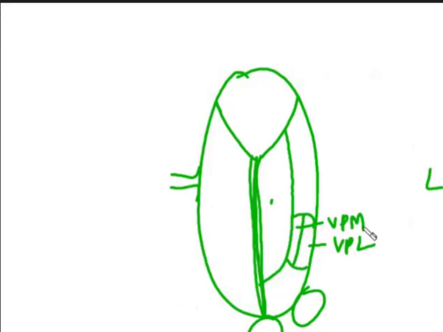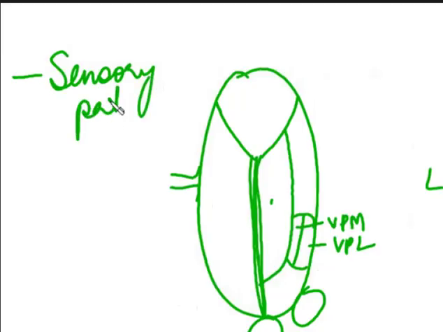Now as a whole, the thalamus has connections with the sensory pathways; it's an important relay station for them. If you remember, the medial lemniscus and spinal lemniscus came to the ventroposterolateral nucleus, whereas the trigeminal lemniscus came to the ventroposteromedial nucleus.